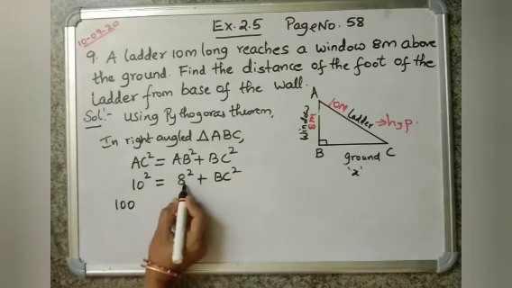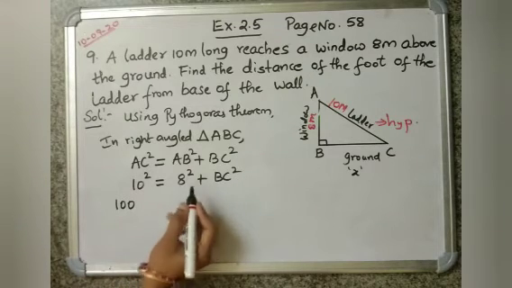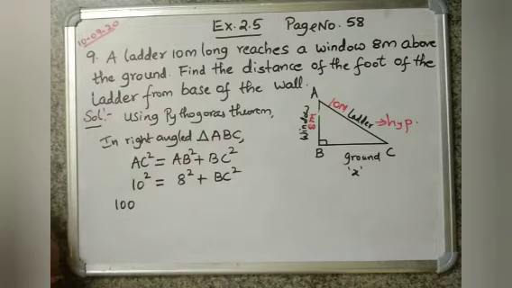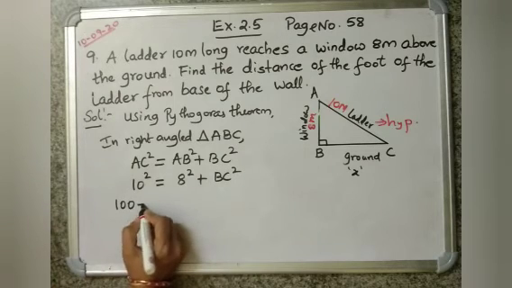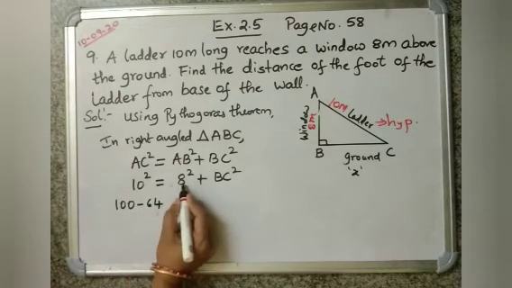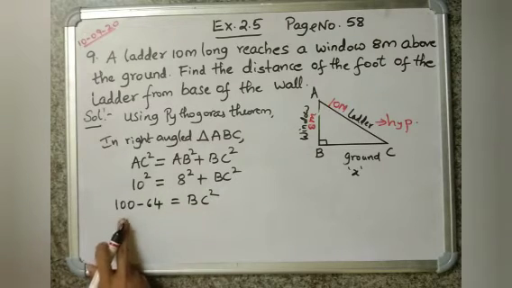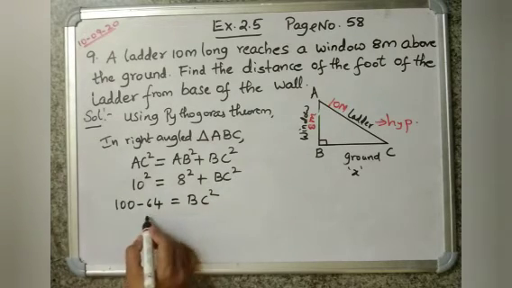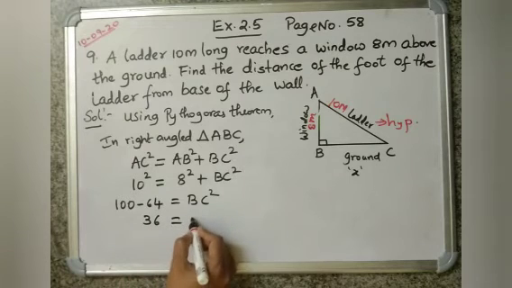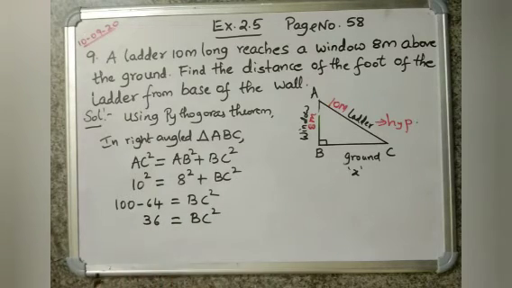What is 8 square? 64. Now I will bring that 64 to the right hand side. The plus sign becomes minus. 100 minus 64 is 36, equal to BC square.